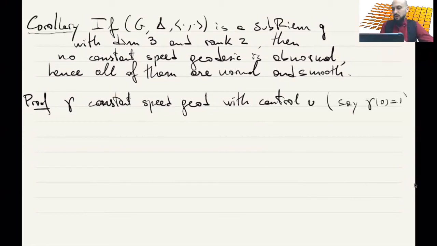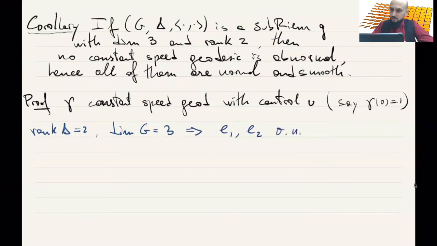Now, the fact that we have rank Delta equal to 2 and the dimension of G equal to 3 means that we have E1, E2, an orthonormal basis for Delta, and they have to be bracket generating, so one more bracket completes the basis.